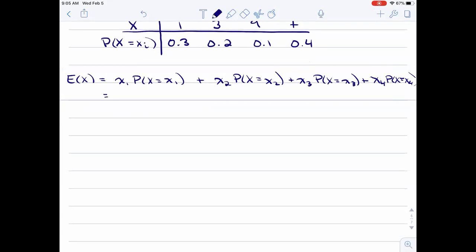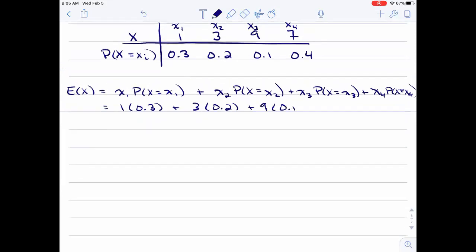So what we get is 1 times 0.3 plus 3 times 0.2 plus 9 times 0.1 plus 7 times 0.4.